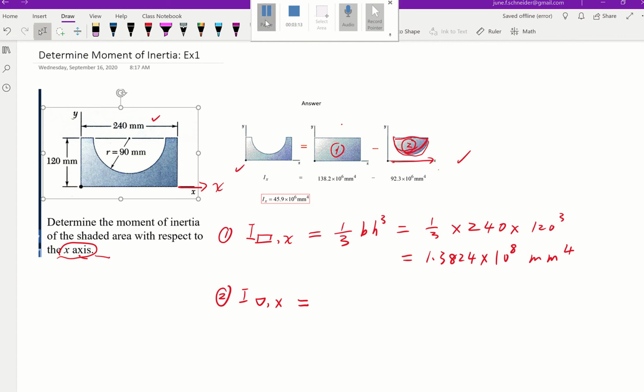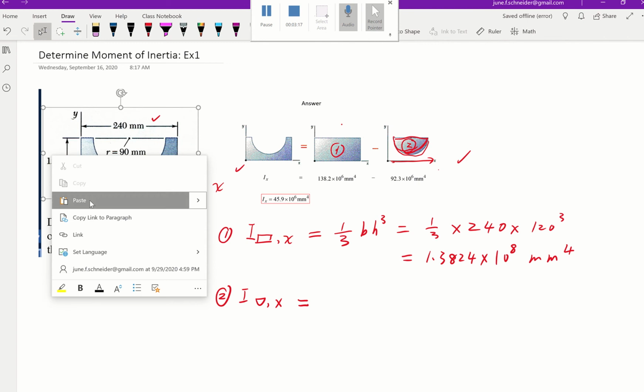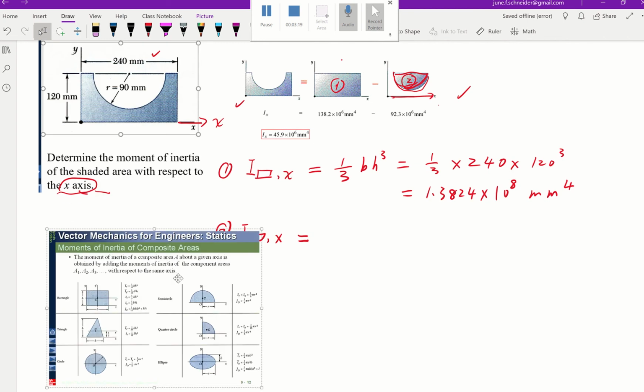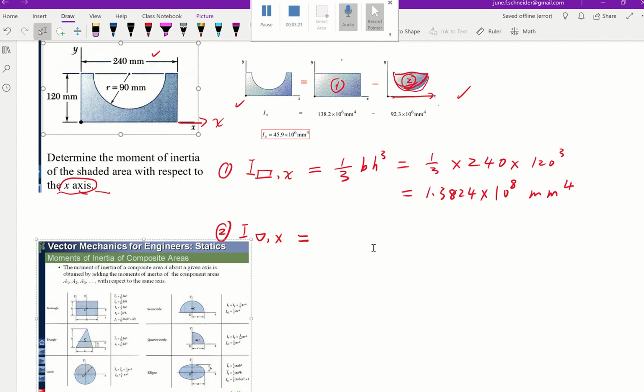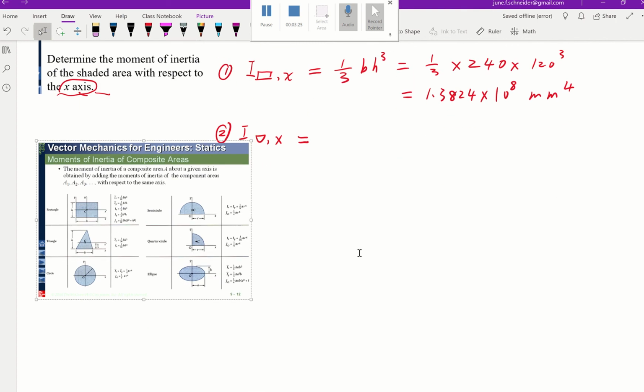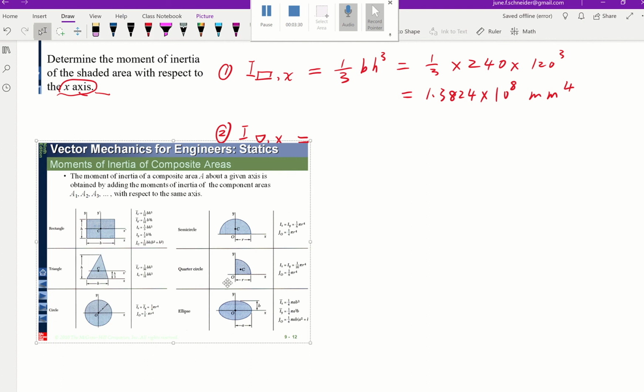So here I copy and paste the common shapes from your textbook. And as you can see, the semicircle is on there, and I can zoom in a little better. We learned before that for a circle, Ix and Iy are equal to 1/4 pi r to the 4th. And for a semicircle, it's going to be just half of that, so that's going to be 1/8.